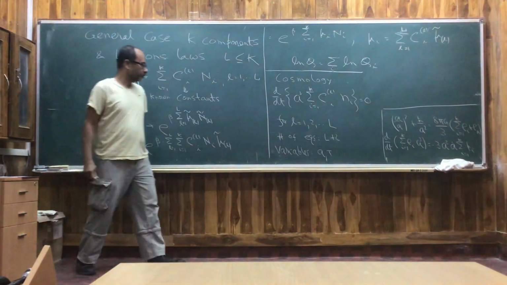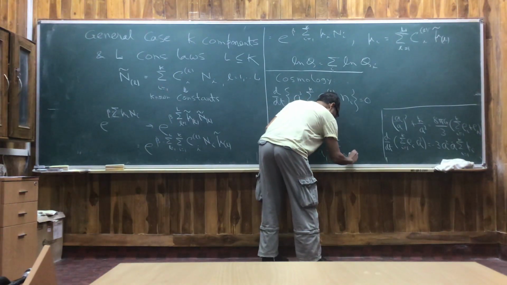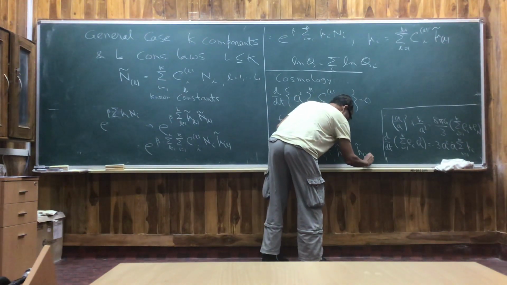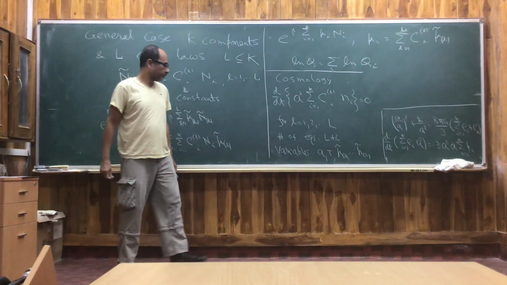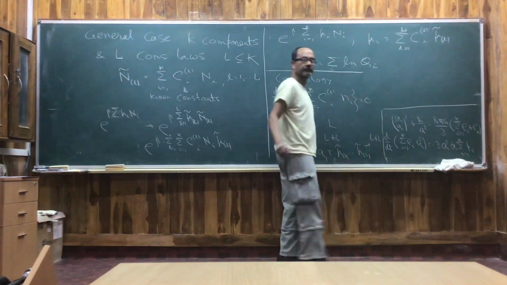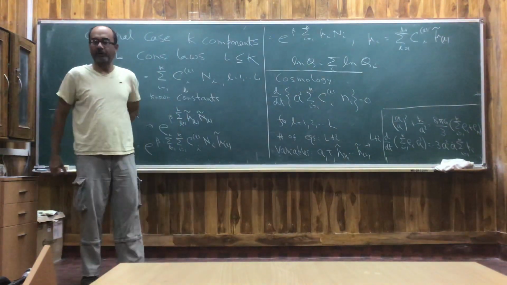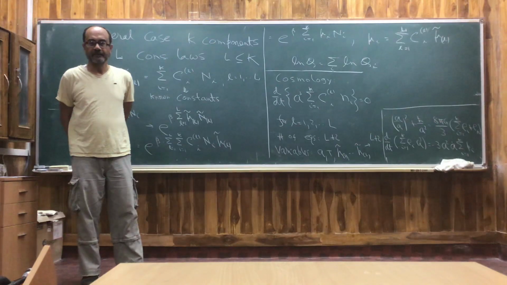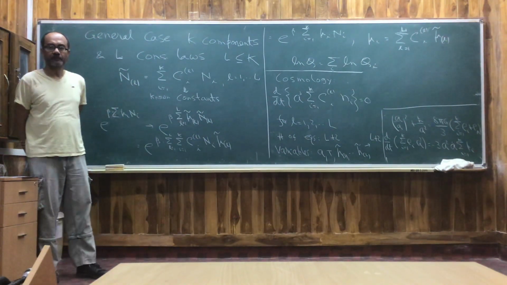And then mu tilde 1 up to mu tilde L. That's L plus 2. Okay, so again we have the same number of equations as the number of variables. Okay, and hence we can evolve this. Is this clear?